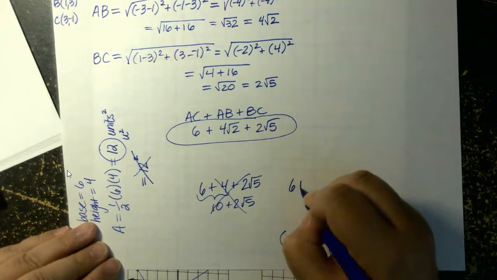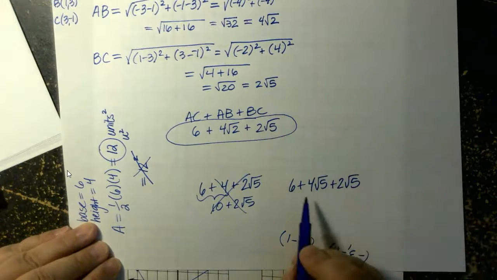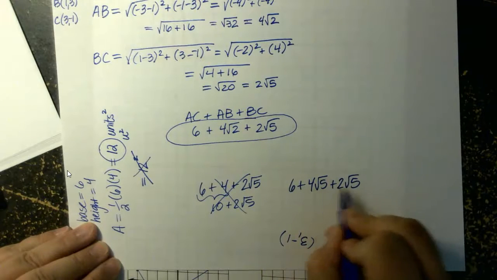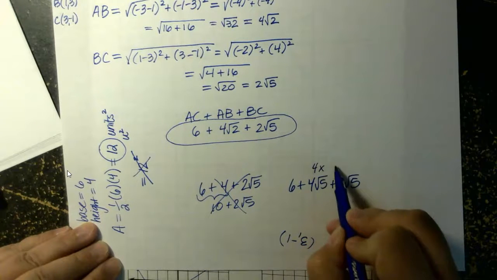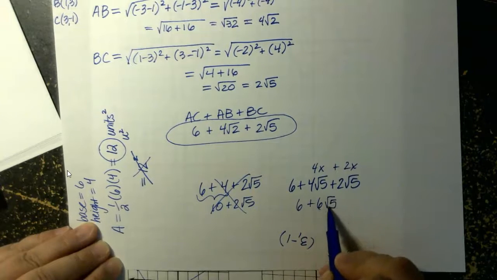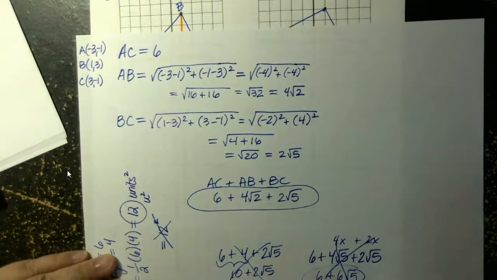If I had had this, I could say, oh, 4 of something plus 2 of something. This is kind of like if I had 4 of x plus 2 of x. So that would be 6 of that thing. But I don't have that. I've got all different types of terms. So that's the final answer for exact form.